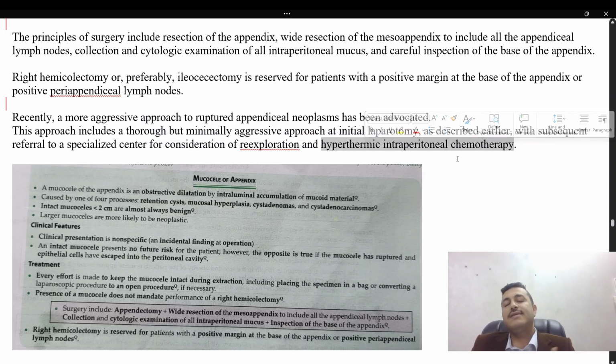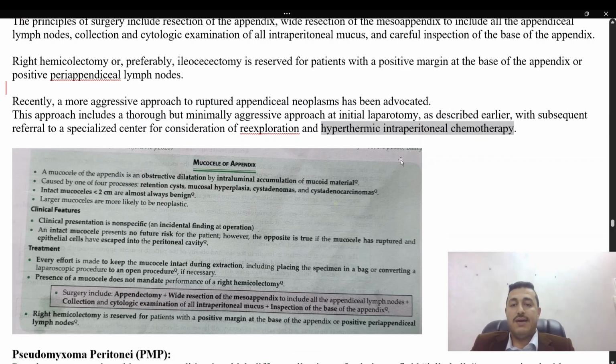This is actually a second operation. Not only right hemicolectomy, but also right hemicolectomy plus hyperthermic intraperitoneal chemotherapy.